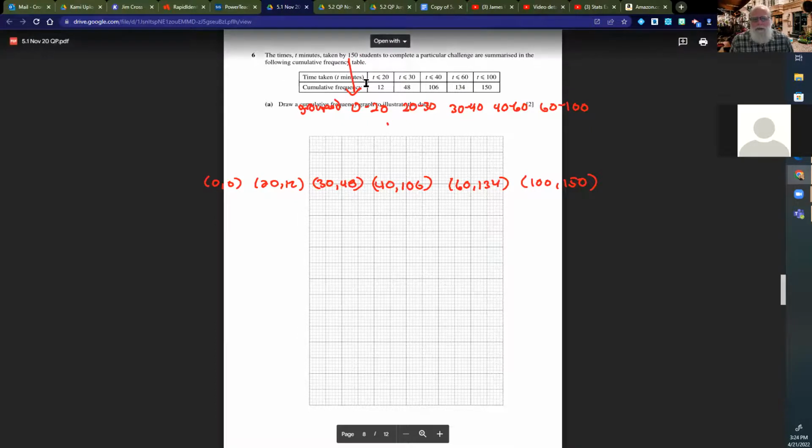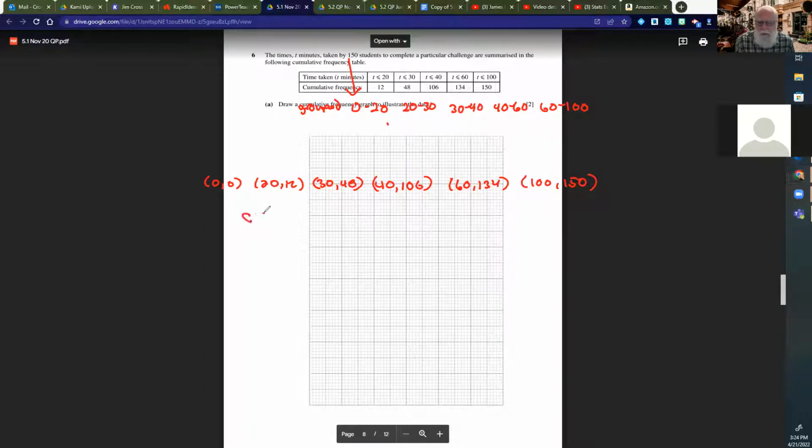Well, how about this? Which one of these rows are my x-axis? The time. And which one's the y-axis? The cumulative frequency. And one of the things we're going to do first is label this stuff. So this is going to be cumulative frequency.